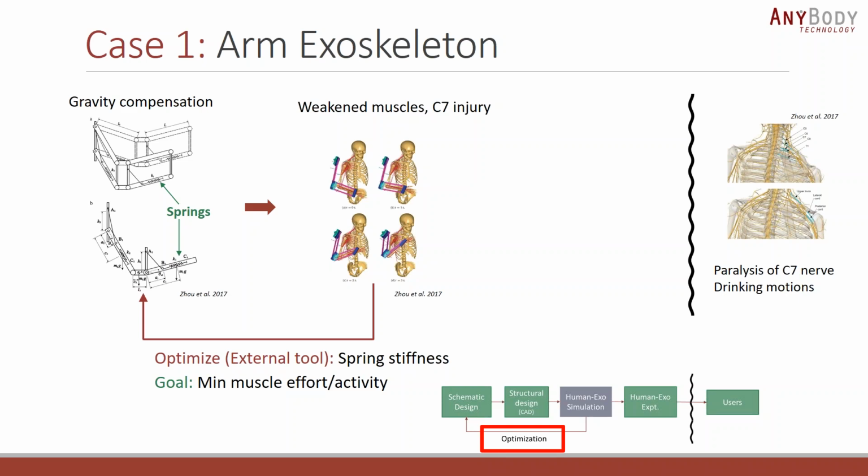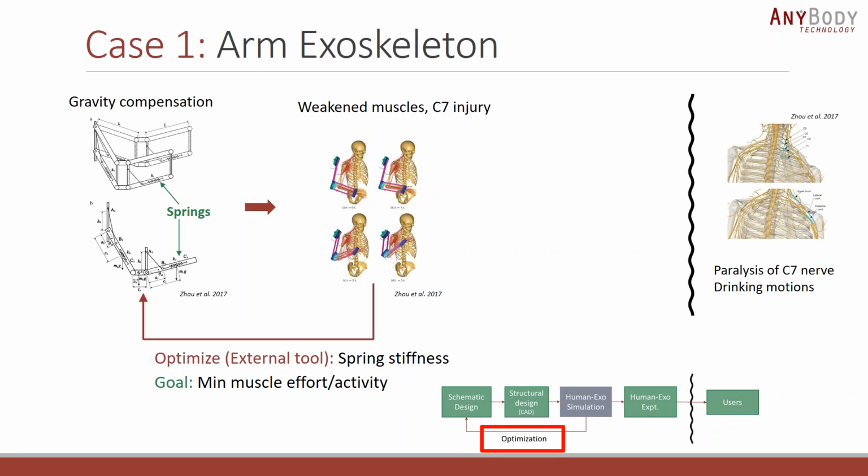Now, they quantified muscle effort by this quantity that we call muscle activity. For those of you who aren't familiar with muscle activity, you can think of it as the percentage of the total muscle strength that is being used at a certain time instant. So for example, if I said that the activity in my biceps muscles was 0.5 at a certain time instant, what this means is that 50% of your total biceps muscle force capacity is being used at that time point.